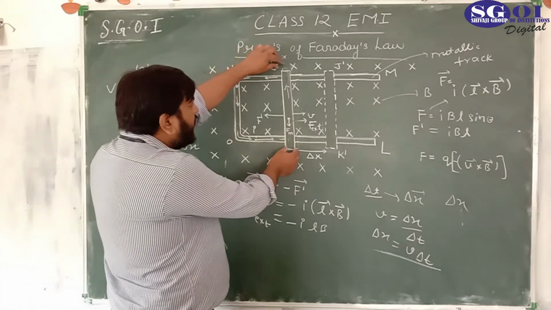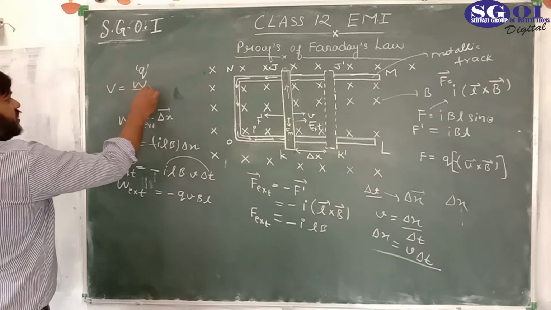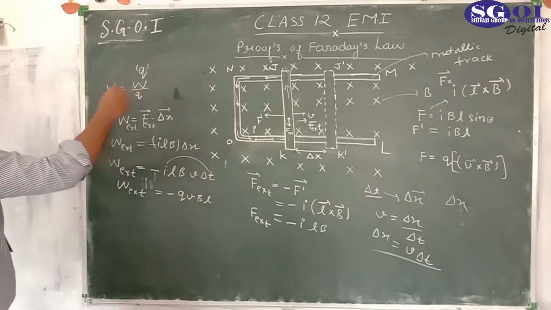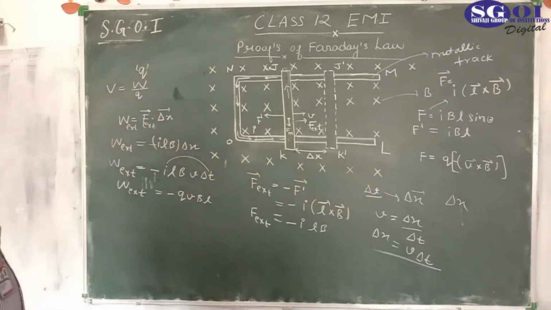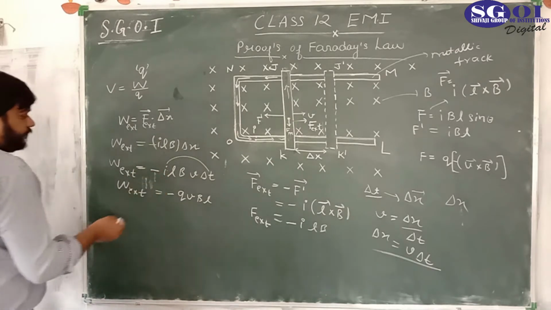So this is acting like a cell. So V is equal to W by Q, where Q is the net charge which is flowing and W is the work done.